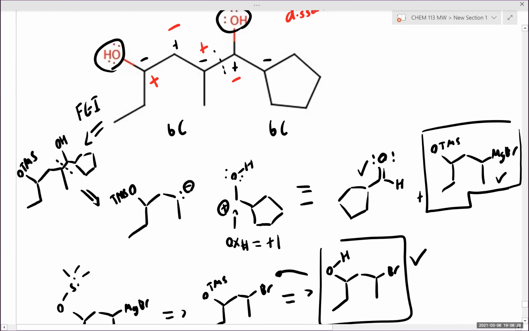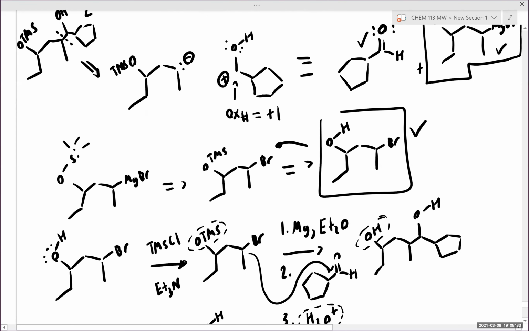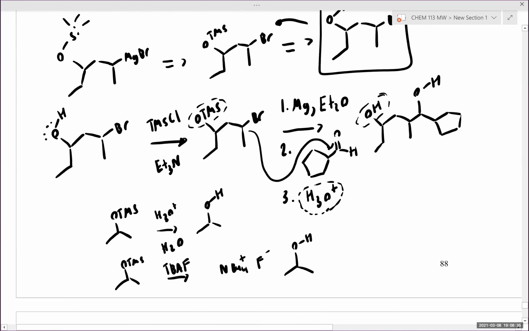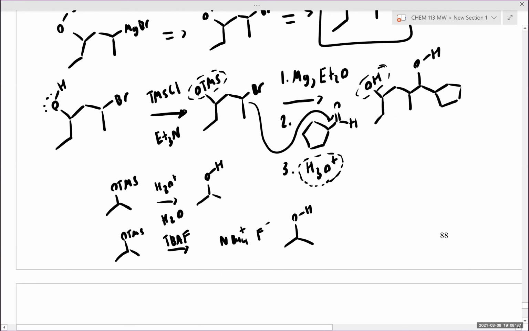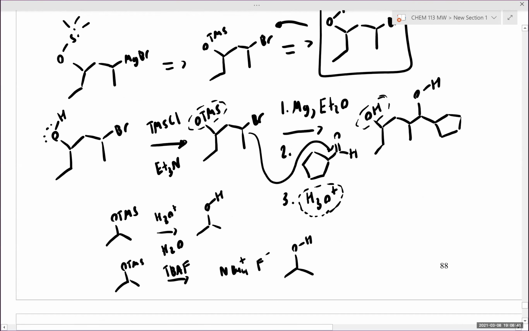So, any other questions on this chapter? So we've reached the end of chapter 17. Any other questions? Okay, at the end of this chapter, I've also posted a sheet that reviews the spectroscopy of alcohols and phenols.